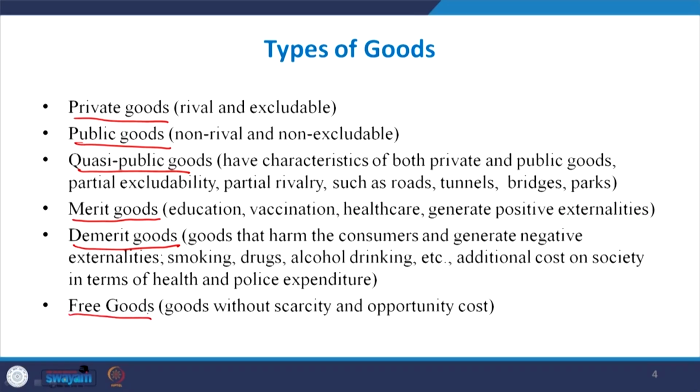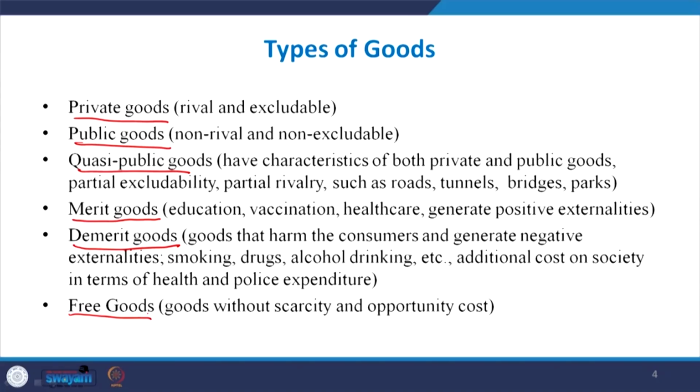Free goods are those goods which have zero opportunity cost, or the goods without scarcity are known as free goods. Like water from the stream in the upper Himalayas can be consumed by a person without paying any price.